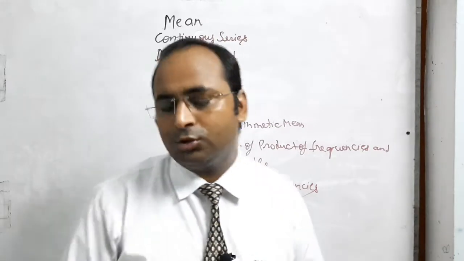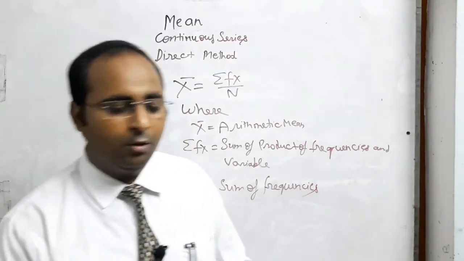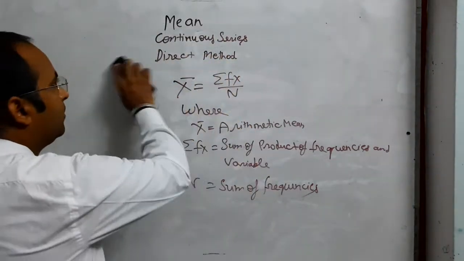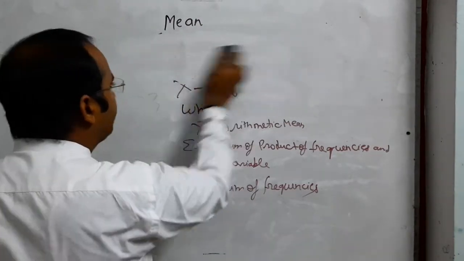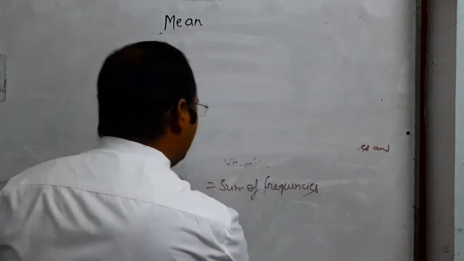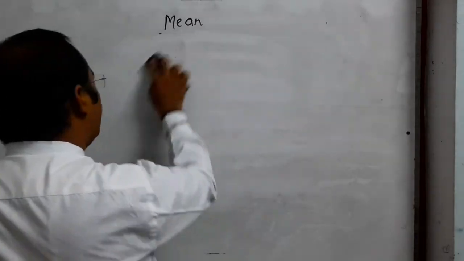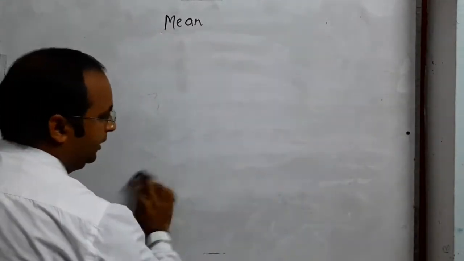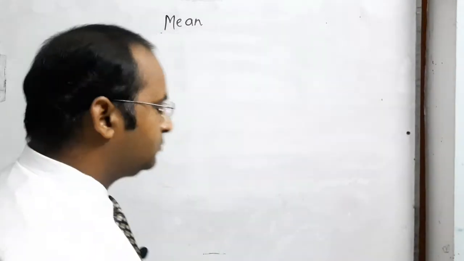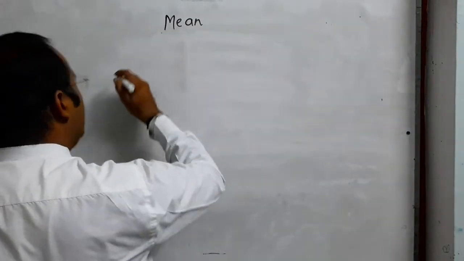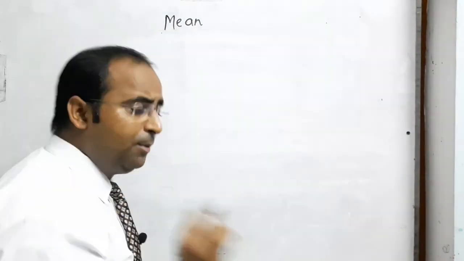Now what is the procedure to calculate mean? When a question is given, how do we recognize that it is a continuous series? Here the class interval is given.